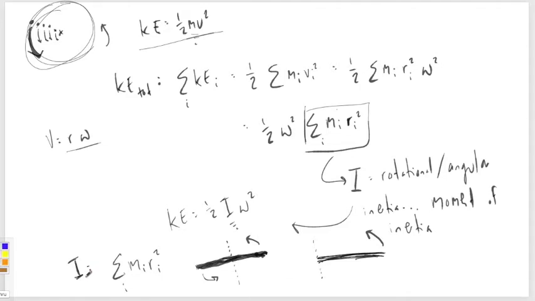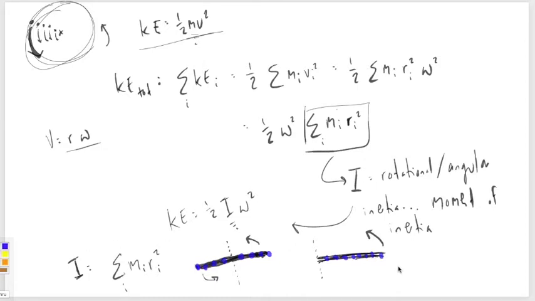Well, let's think about how I is defined. It's the sum of all the masses of all the point particles times the square of the radius, where the radius is how far away they are from the axis of rotation. If I treat this rod like a collection of point particles, let's say like this, something like that, which one's going to be more difficult to spin?